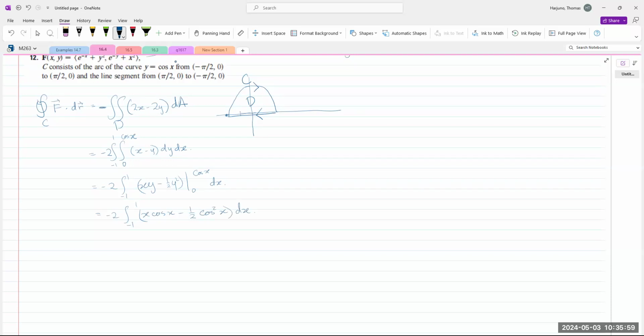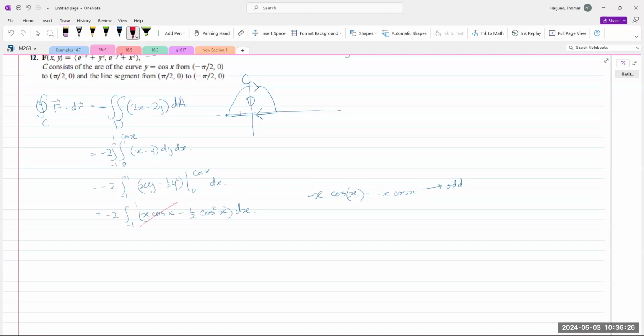Wow, we need to do integration by parts, huh? Okay, but cosine x is an even function. So x cosine x is an odd function. Replace x by negative x, right? Then you will see negative x cosine x, which means this is an odd function. On the other hand, cosine squared x is an even function.